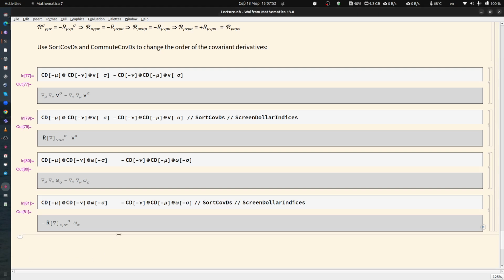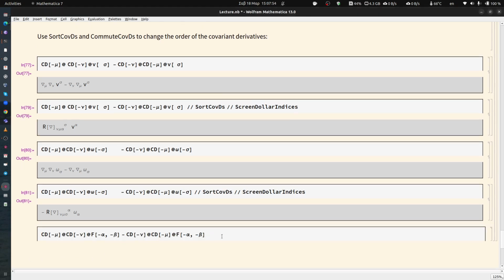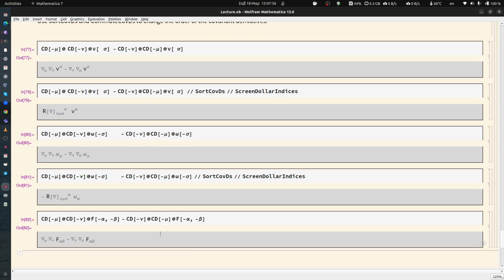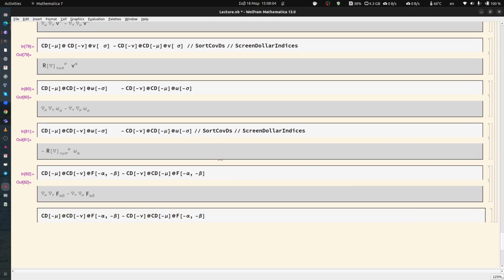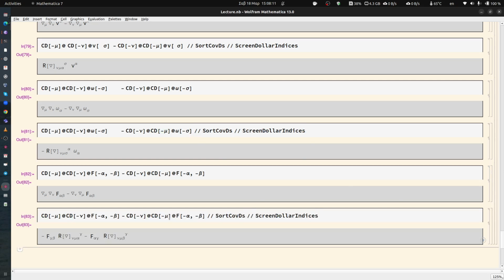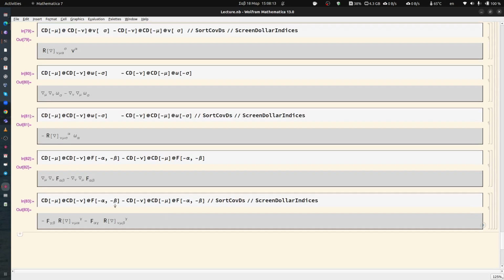This way, you can see the action of the commutator on higher rank tensors, which now involve two terms, one for each index of the tensor FAB.